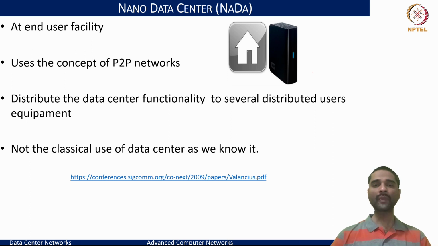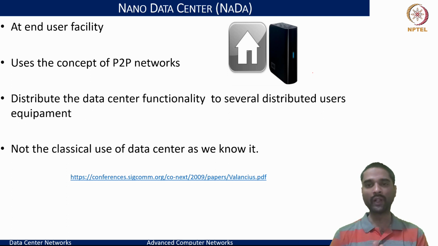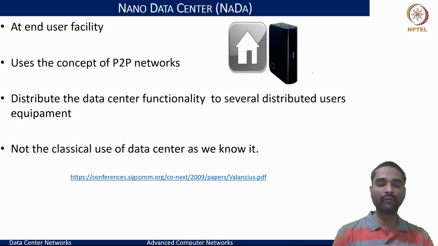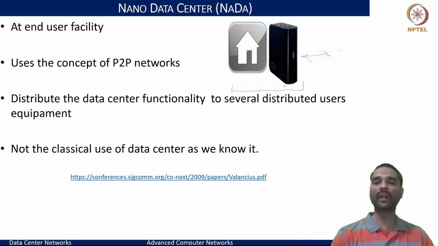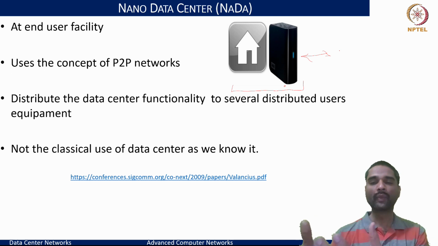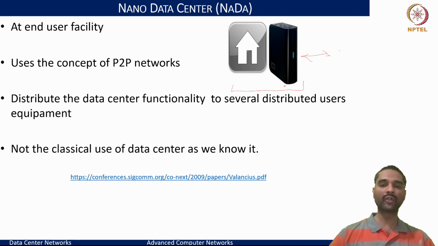It leverages the concepts of P2P networks, where you think of your gateways as a nano data center. Your gateway can host specific services on its own, and it can also communicate with other gateway devices locally. You can have a hierarchy of these gateway devices communicating to distribute the functionality across multiple of these data centers and ensure that users can still connect to them.